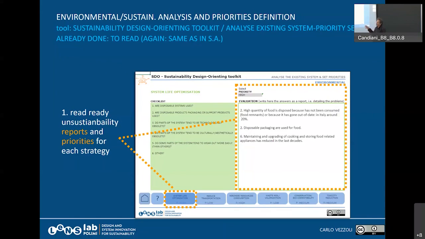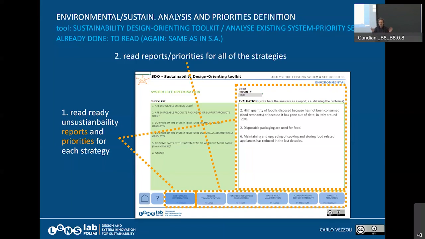Okay, so you will find a brief analysis related to the 6 strategies. You remember that with the SDO toolkit, we analyzed the existing system, the food in the Bovisa campus, not in relation to the life cycle phases or to other things, but in relation to the system design strategies.